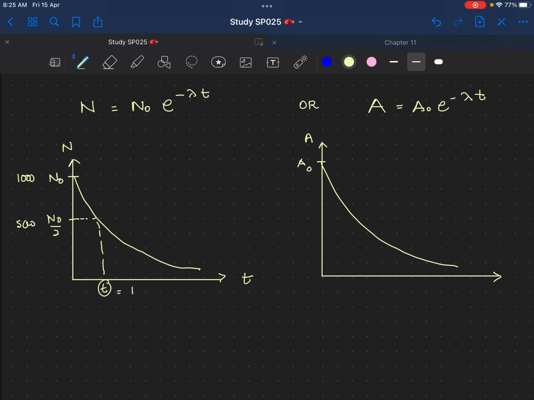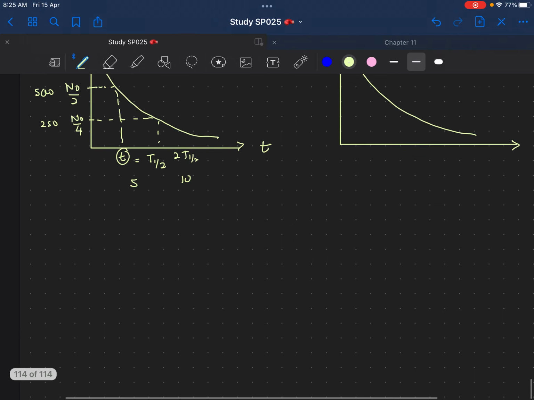We call this time the half-life. Then N naught over 4 is 500 divided by 2, which is 250. When we extrapolate, we get the second half-life, twice the half-life. Say this one takes 5 years, so this one would be 10 years. That's an example. Which brings us to the next thing we want to learn, the half-life.